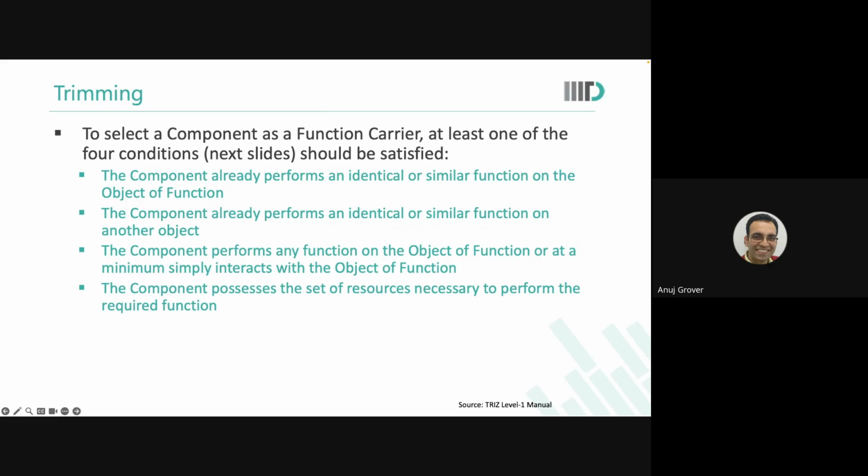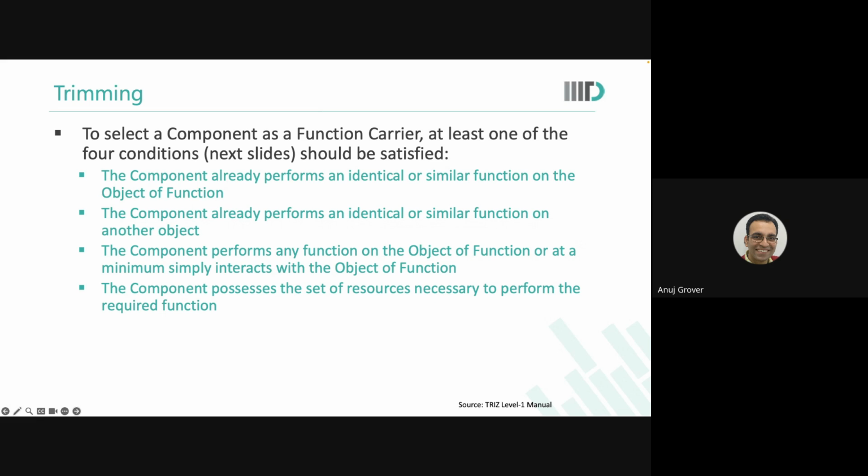Then, if you don't find anything like that either, the component possesses the set of resources necessary to perform the required function. So there is a component in the system which may not be interacting with your object, but this component does have the resources to hold the object, for example, over here, to perform that useful function.